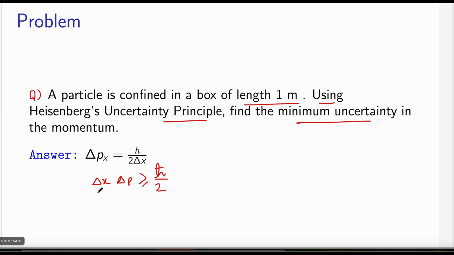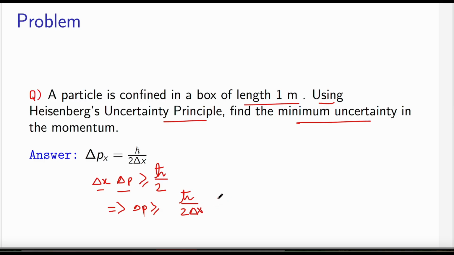So whatever the uncertainty in x and uncertainty in p, the product has to be greater than or equal to h bar by 2, or the uncertainty in momentum should be greater than or equal to h bar by 2 delta x.